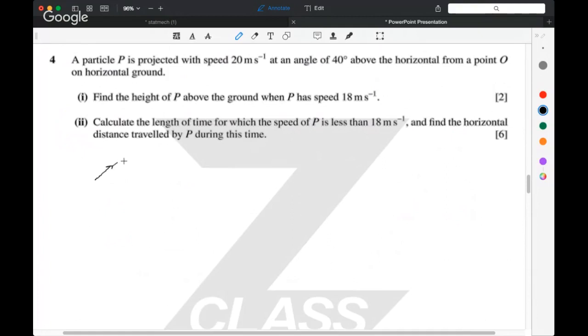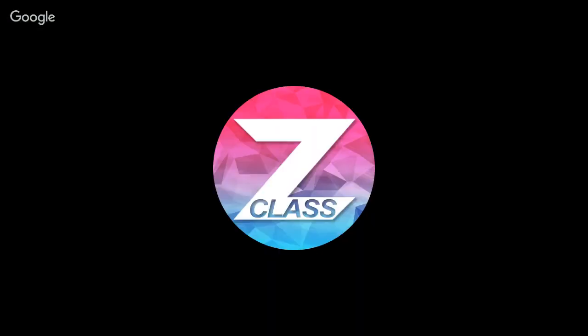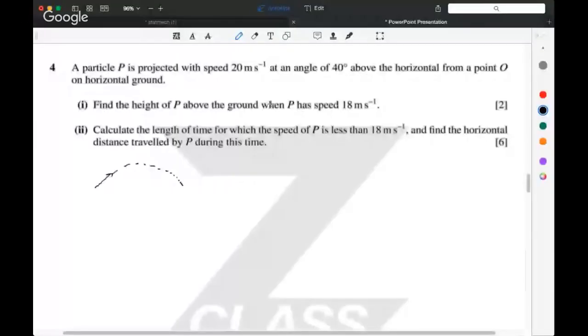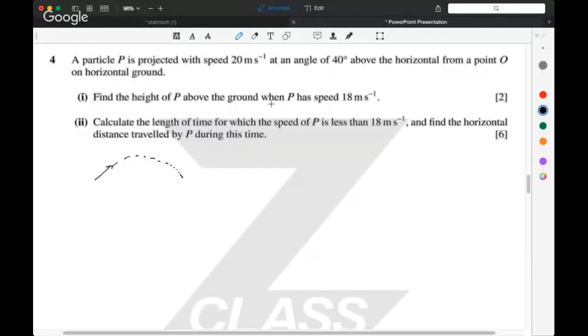And it will follow a parabola. So this is even more simple than I realized. Okay, so there's no air resistance, there's no nothing. It goes up and it comes down again, like everything does.